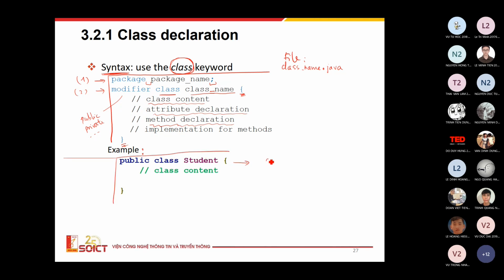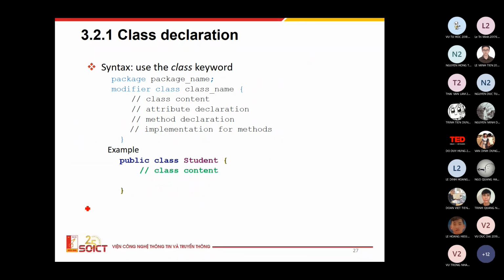From this, you know that the class name is Student, and the modifier, or access scope, is public. Inside the braces here, you will have the class content. So remember this syntax when you declare a class: the modifier comes first, then the keyword class, and then your class name.